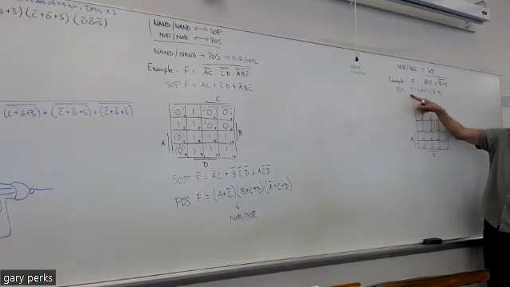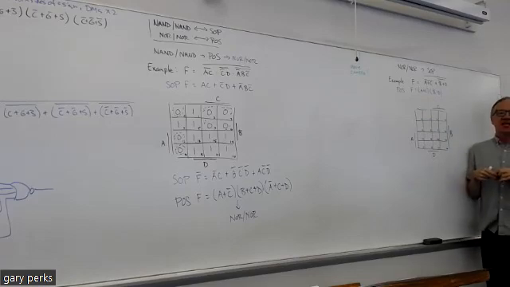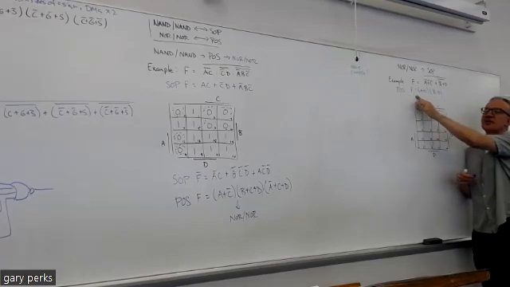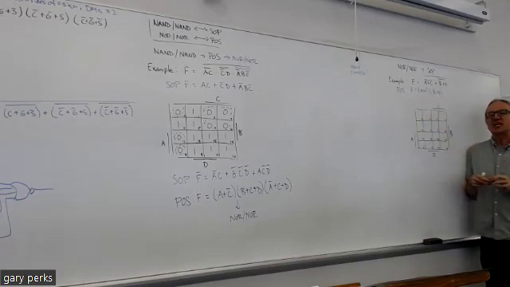Now, we have POS for F. And just like we talked about last week, it's easiest to go SOP to a truth table or truth table to SOP, and also easiest to go SOP to a K-map or a K-map to SOP. So here I have POS for F. But before I go into this K-map, I just want to make that SOP, right?